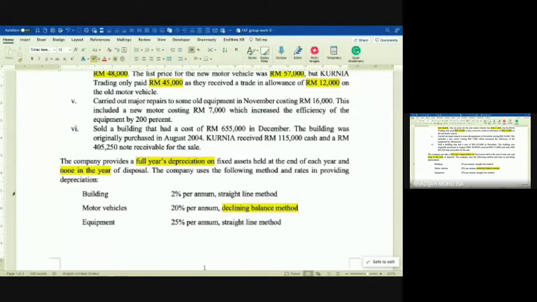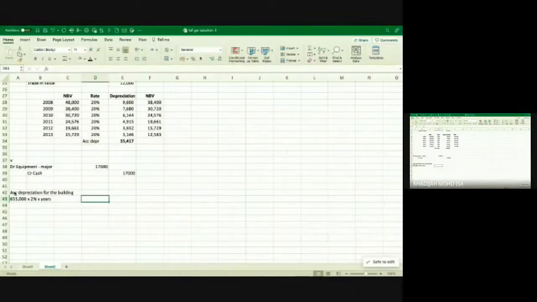So compute 2004, 2005, 6, 7, 8, 9, 10, 11, 12, 13. 10 years, right? So you times by 10 years. All right, 10 years. So how much is that?